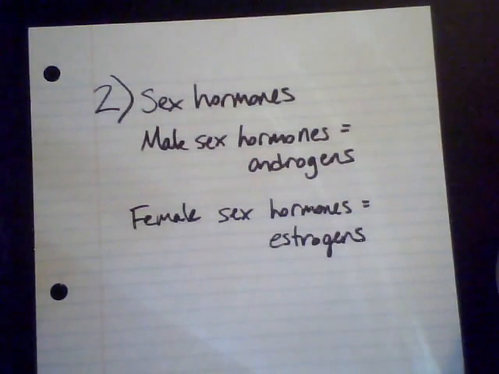And we as human beings have both. We have androgens and estrogens, and we have them at specific times in our life more so than others, and they allow for our different sex characteristics.